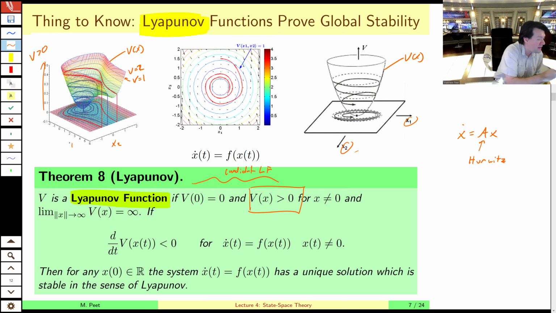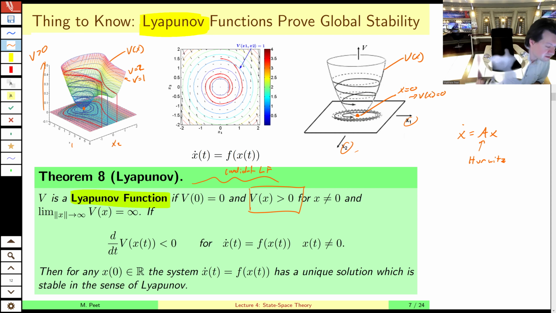And here at the equilibrium point, that's x equals 0, it is 0. V of x equals 0. So, okay, that's a candidate Lyapunov function, so that doesn't seem very useful.